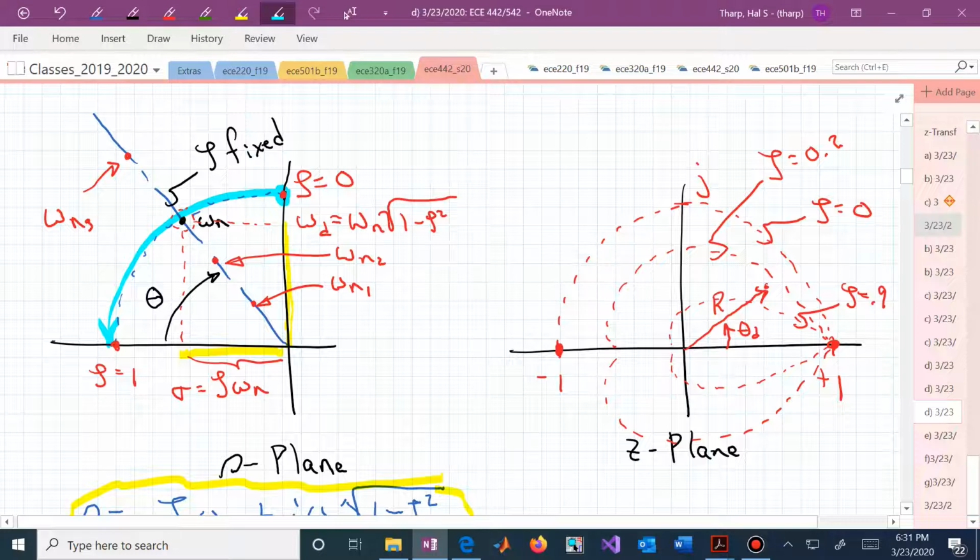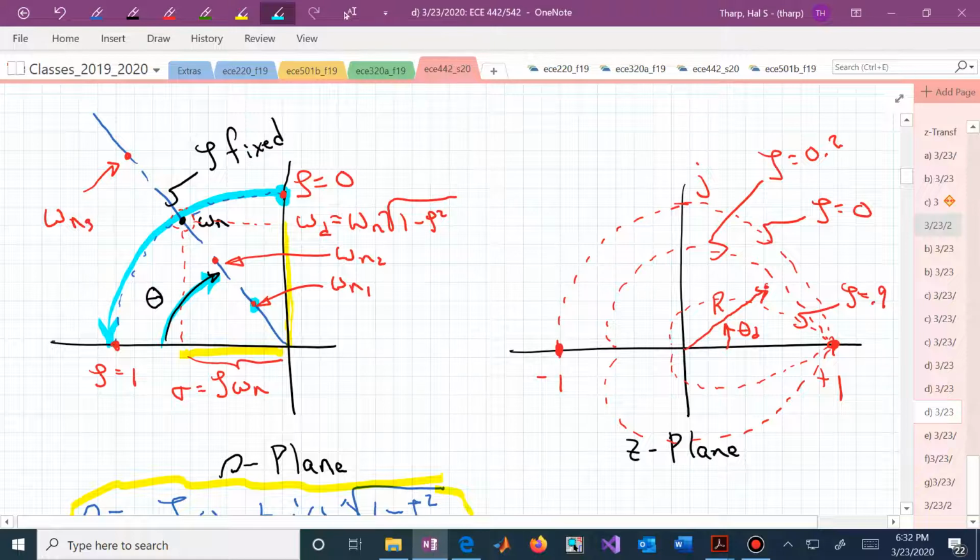If we had a different natural frequency at the same zeta value, zeta again is determined by this angle theta in the complex S-plane.